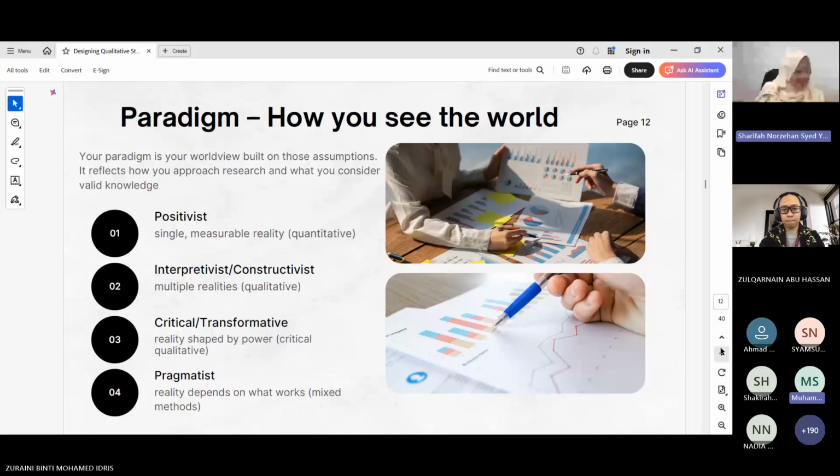Excuse me, Professor. After we do triangulation analysis, do we need to construct our conceptual framework for my research?